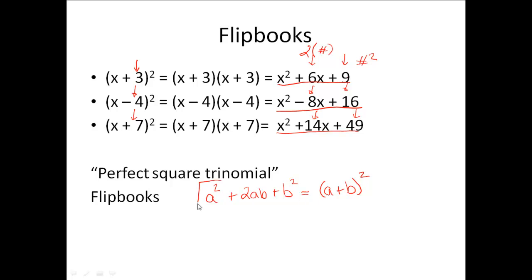So you should have this whole equation written on that tab. And it's called a perfect square trinomial. Trinomial indicating we have 3 terms, and the perfect square indicating that our first term is perfect and our last term is perfect.